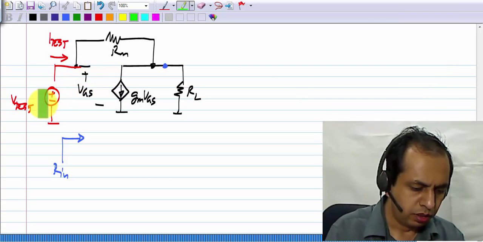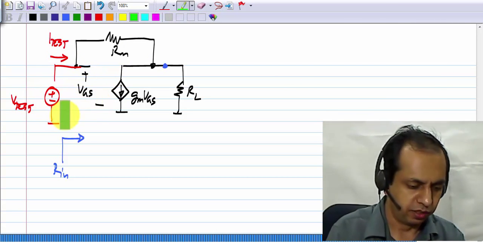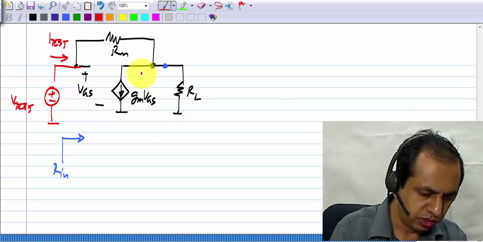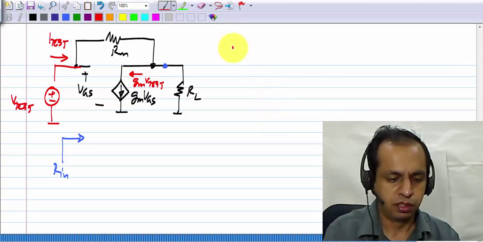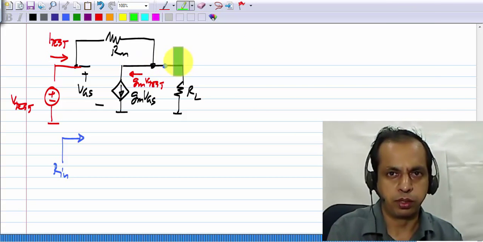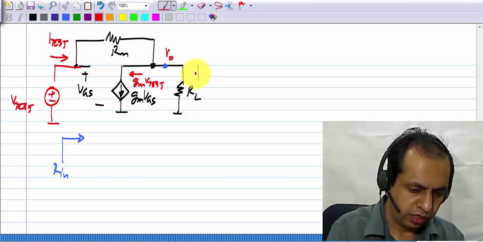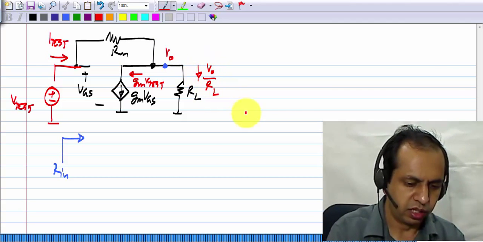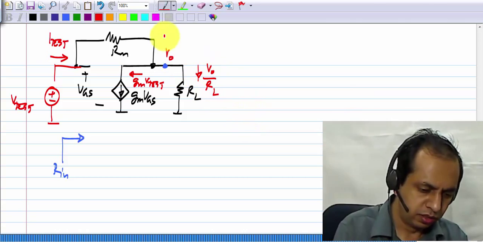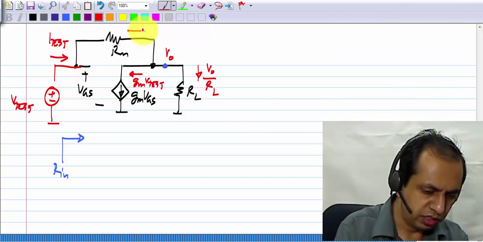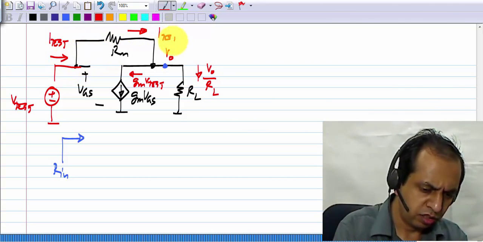Now, VGS equals V test here, right? So this current source here is GM V test, and this voltage is of course something we don't know. Let me call that V0. The current here is V0 by RL, and this I test simply comes that way.